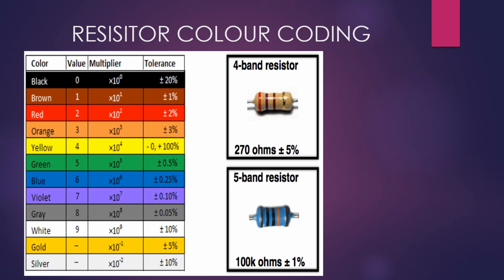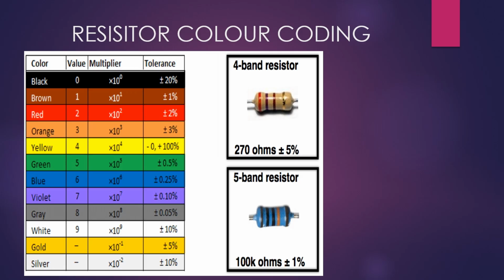On that resistor, we have the first band being red, the second band being violet, the third band being brown, and the fourth band being gold. The fourth band is the tolerance. At the bottom of the table, there's gold as well as silver. That's your tolerance. You'll always see your tolerance on the fourth band.